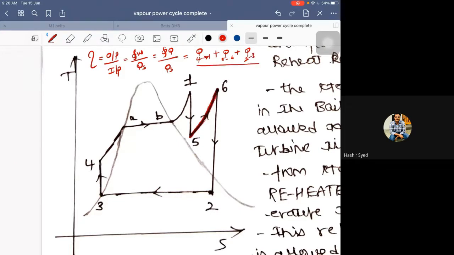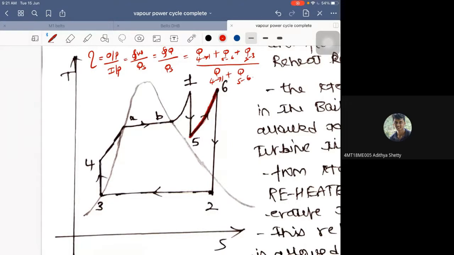Divided by heat supplied. Where are you going to supply the heat here? Heat is supplied where and where? 4 to 1. So Q 4 to 1, you are supplying heat, plus 5 to 6, Q 5 to 6, you are supplying the heat.